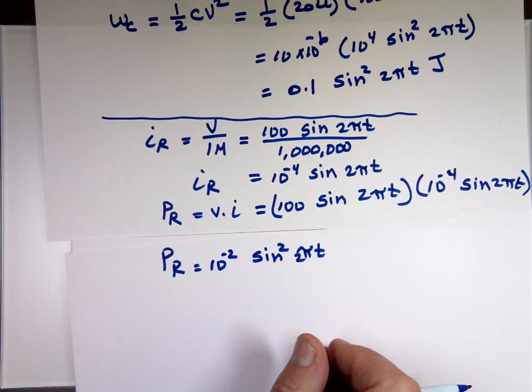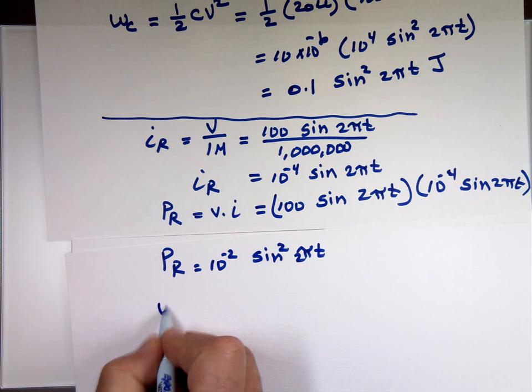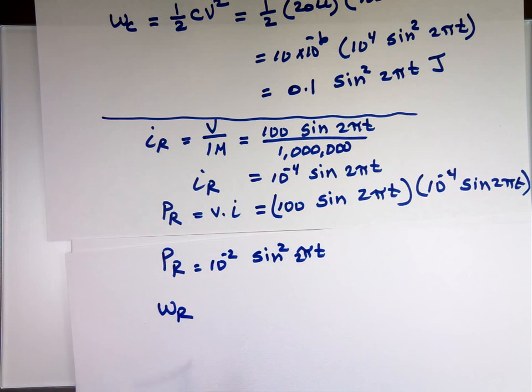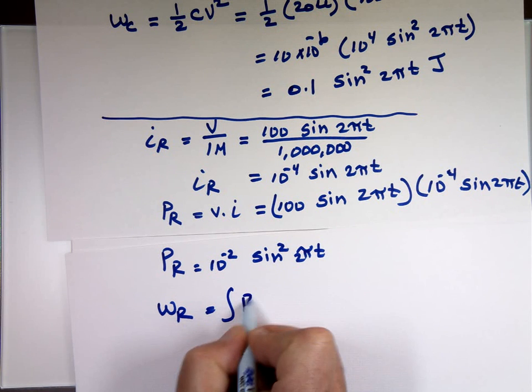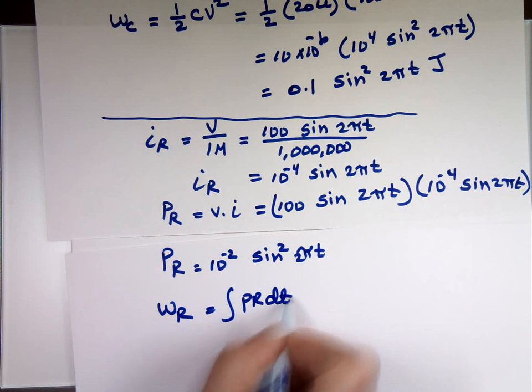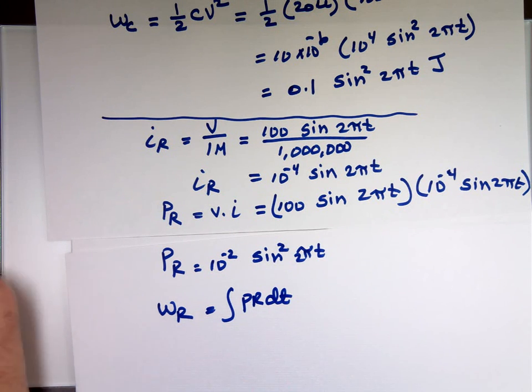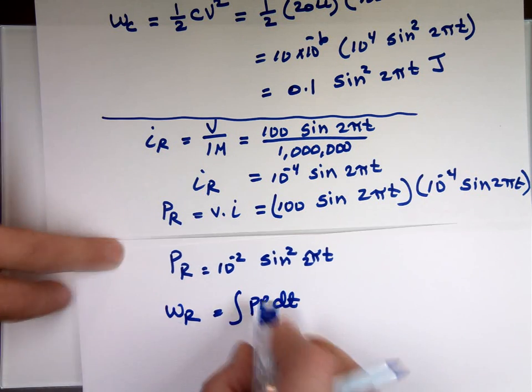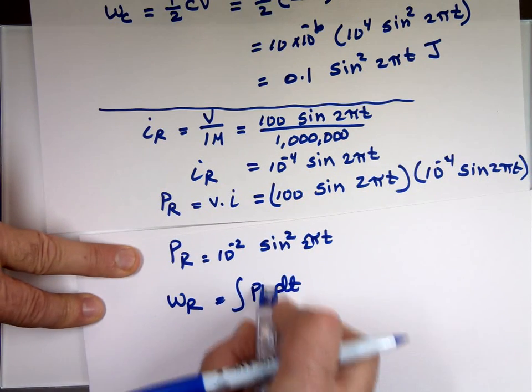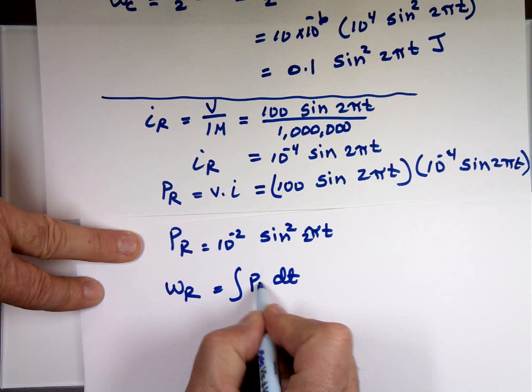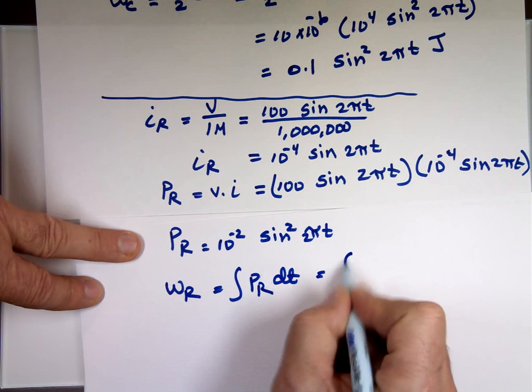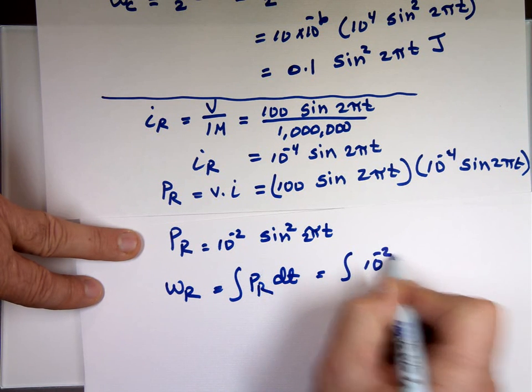And what about the energy? Energy is the integral of power dt. Which is the integral of 10 to the minus 2 sine squared 2 pi t.